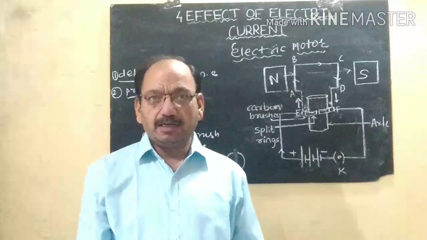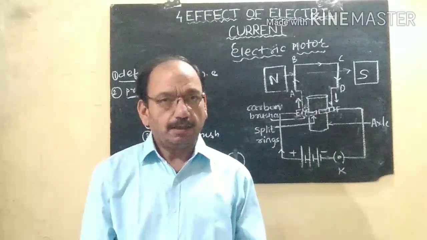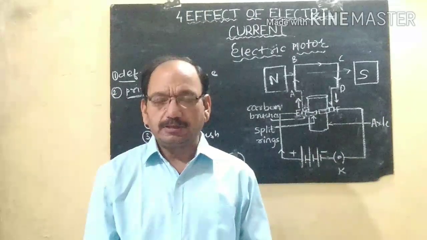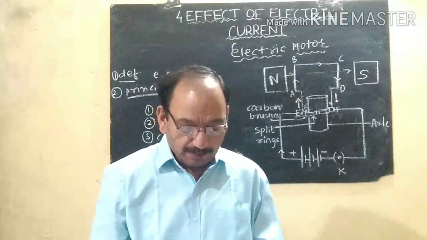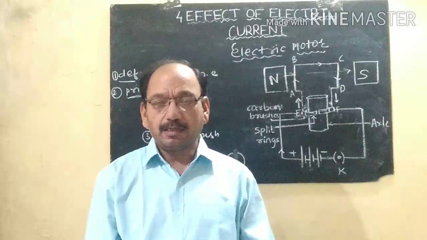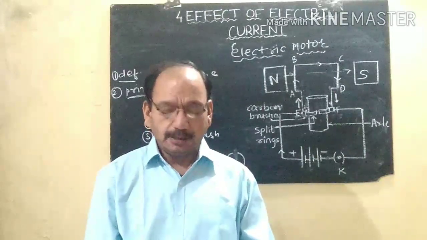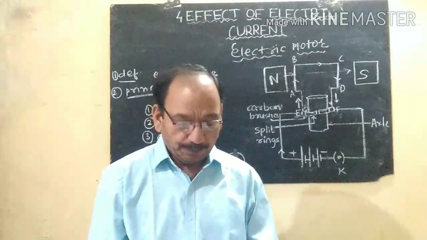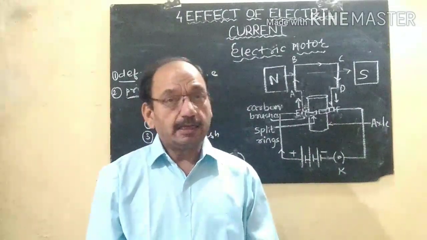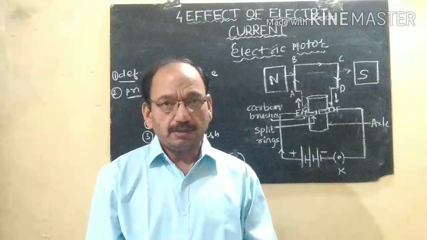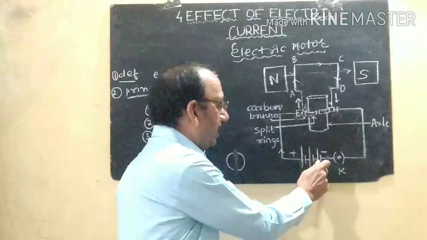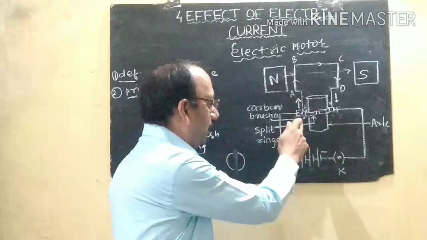This is the direction of electric current flowing through the electrical circuit, through the loop, which is also known as the armature coil. It means the direction of current in this loop is E to A, from B to C, C to D, and it will again be connected with F, and this F will be connected with the negative terminal of the battery.